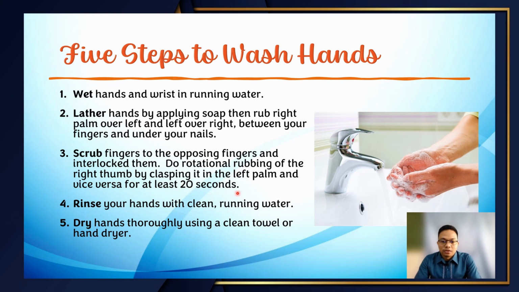Do rotational rubbing of the right thumb by clasping it in the left palm and vice versa for at least 20 seconds. Then, rinse your hands with clean running water and dry hands thoroughly using a clean towel or hand dryer. So this is very easy to remember: wet, lather, scrub, rinse, and dry.